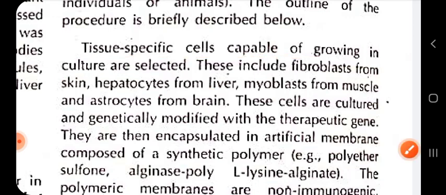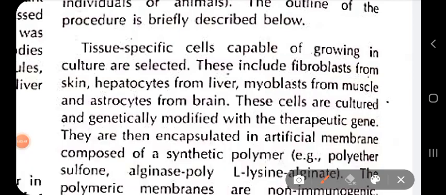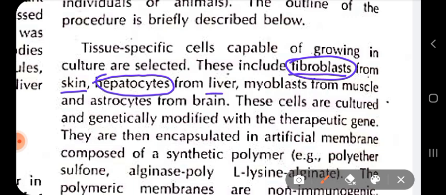So these are the four cell sites where we can use them to culture. We can take fibroblast cells from the skin, hepatocyte cells from the liver, myoblast cells from the muscle, and astrocytes from the brain.